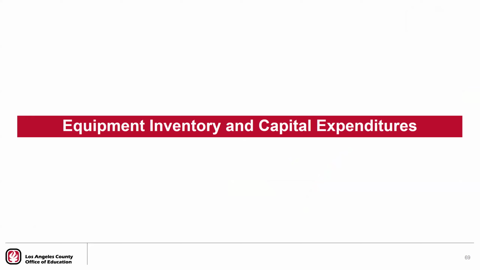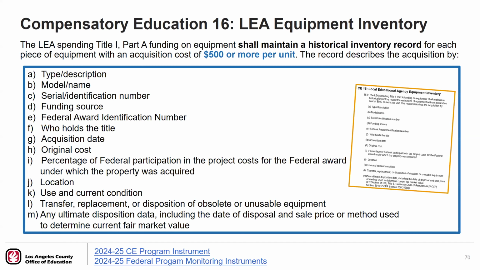This morning, we'll take a look at key requirements addressing expenditures for equipment using federal funds. So on this slide is item 16 from the Compensatory Education Program instrument used for federal program monitoring.